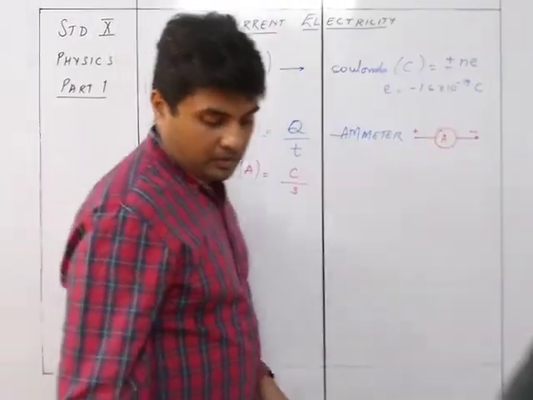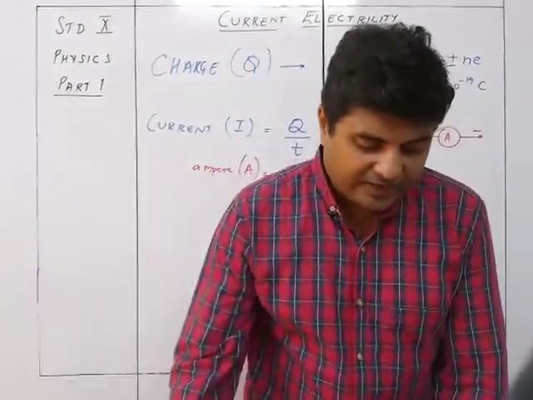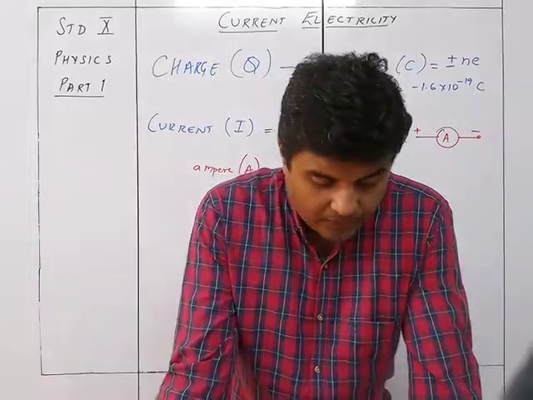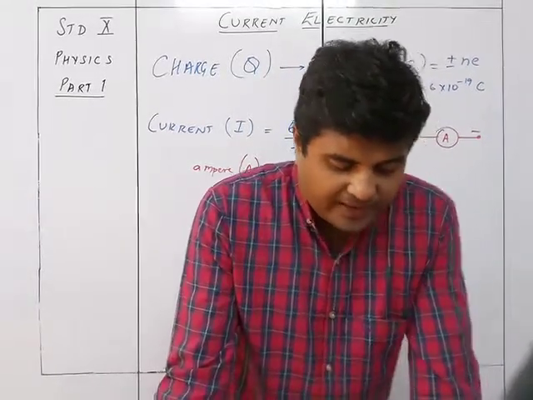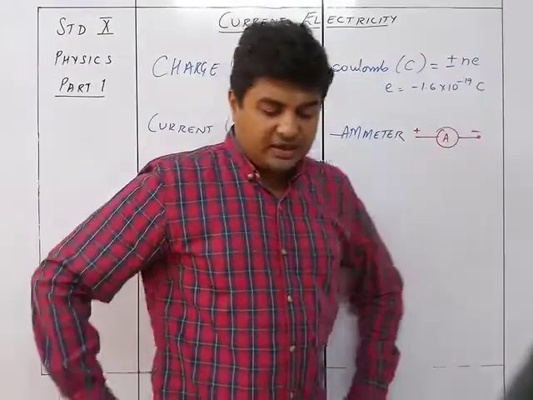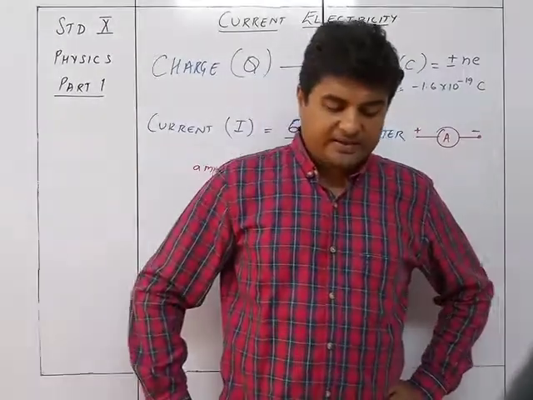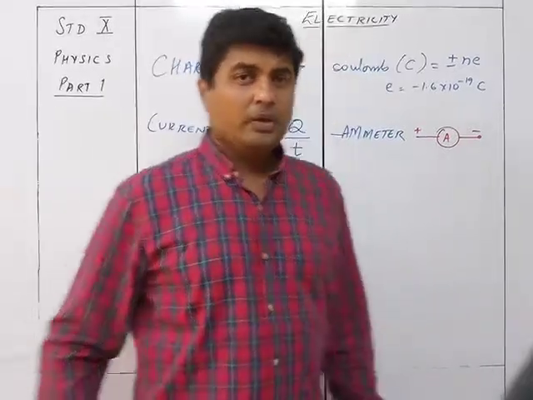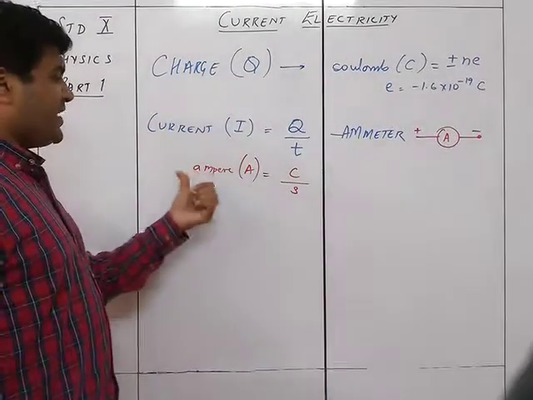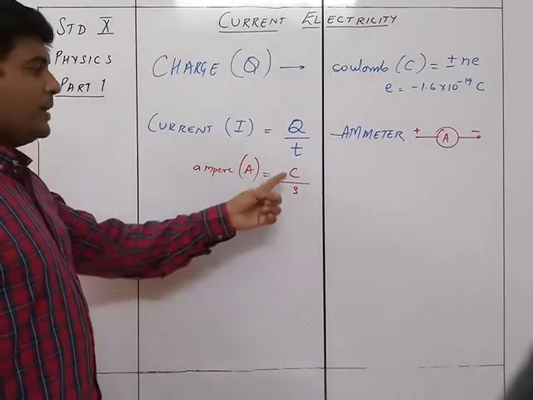In honor of the French physicist Andre Ampere, we define 1 ampere as the current which flows in a conductor when 1 coulomb of charge passes in 1 second through it. So, I can easily define 1 ampere as 1 coulomb upon 1 second.